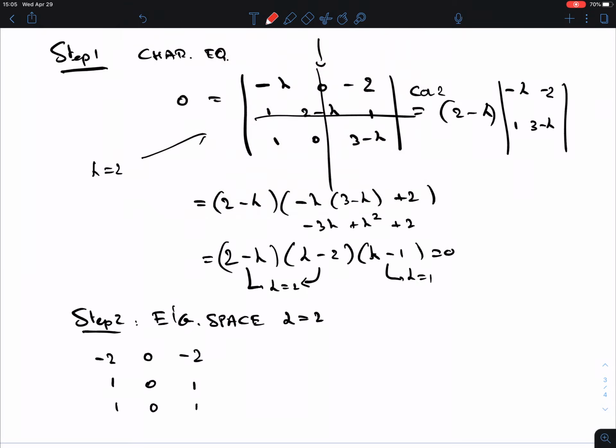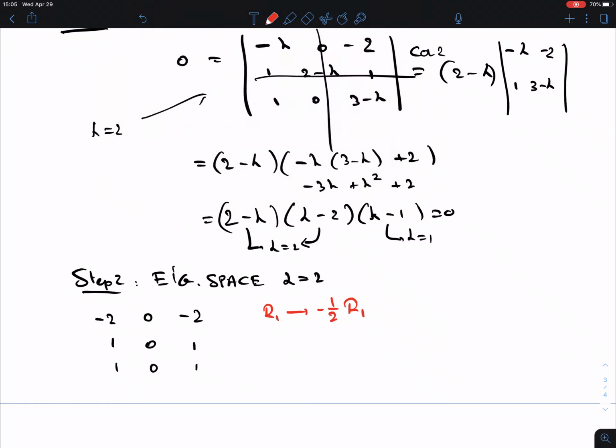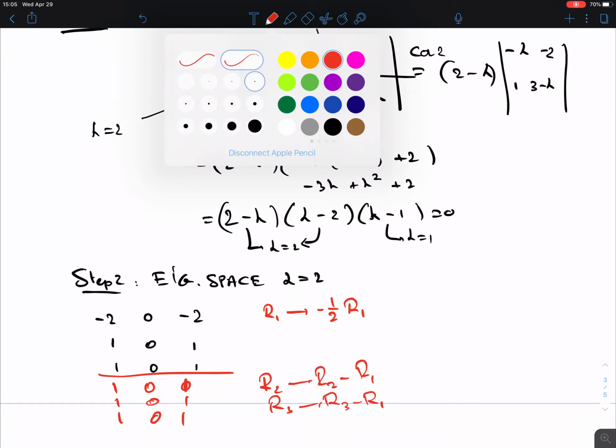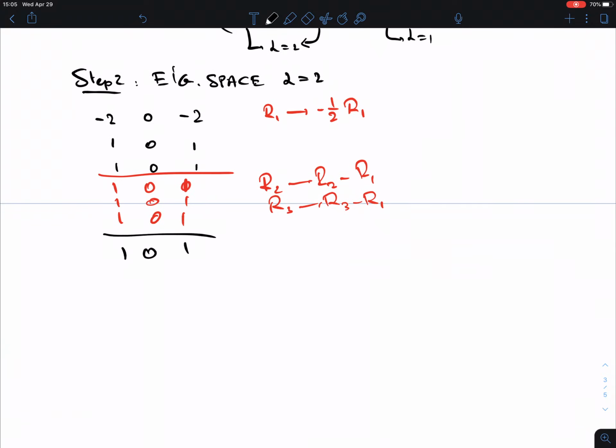We first divide row 1 by minus 2, and then you see you get 3 times the same thing: 1, 0, 1, 1, 0, 1, 1, 0, 1. So row 2 minus row 1, and the same with row 3. I get 1, 0, 1, and the rest are zeros.